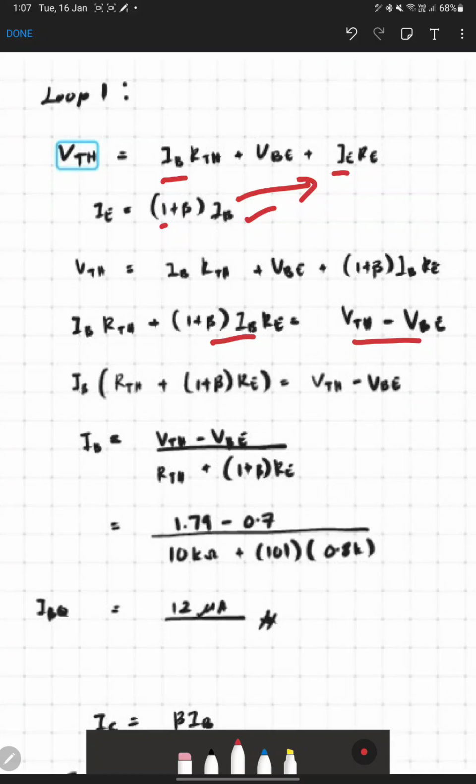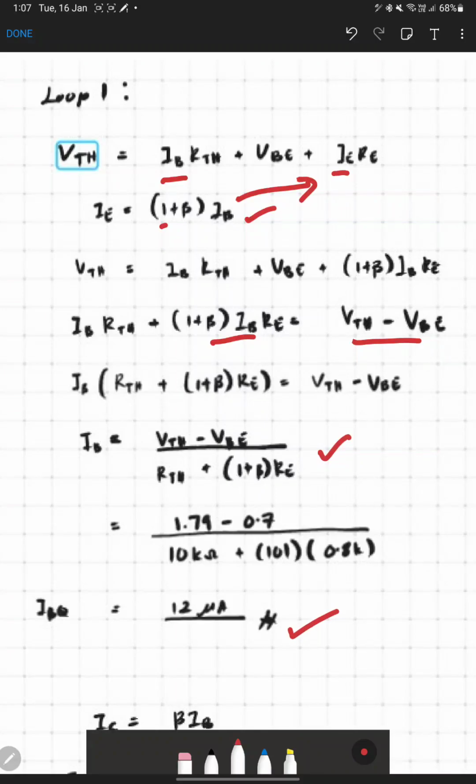To find IB, we bring the resistance to the other side as a division: IB equals VTH minus VBE over RTH plus 1 plus beta RE. Replacing the values and computing, we get IB equal to 12 microampere.